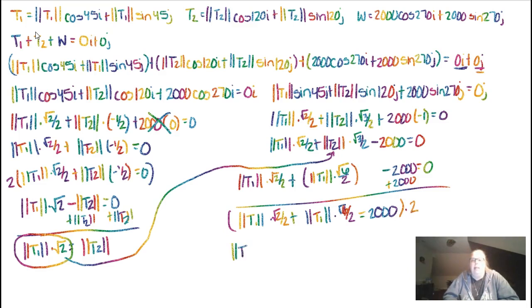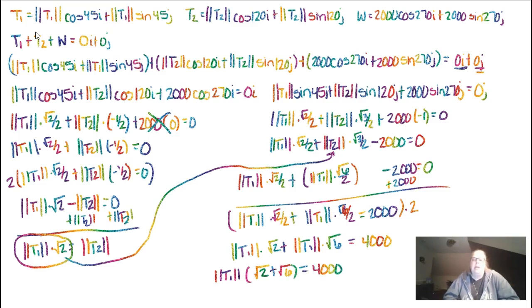This is going to give me the magnitude of T1 times the square root of 2 plus the magnitude of T1 times the square root of 6, and this is going to be equal to 4,000. Now remember, I am trying to solve for the magnitude of T1, and these would be like terms, but the radicals won't let me combine them. However, I can factor out the greatest common factor, which is the absolute value of T1, and that's going to leave me with the square root of 2 plus the square root of 6.